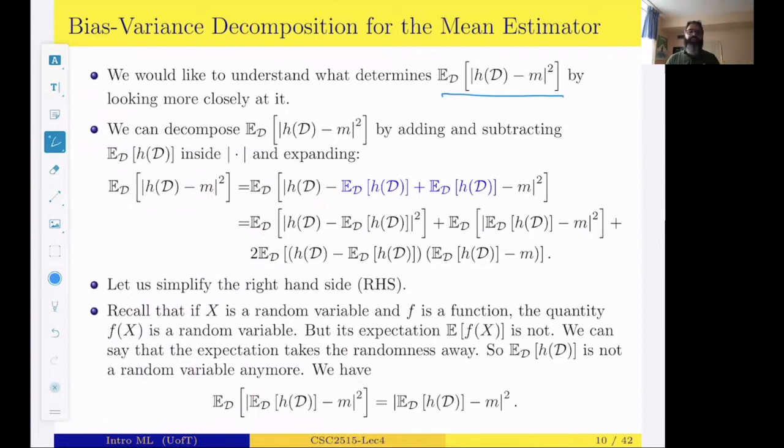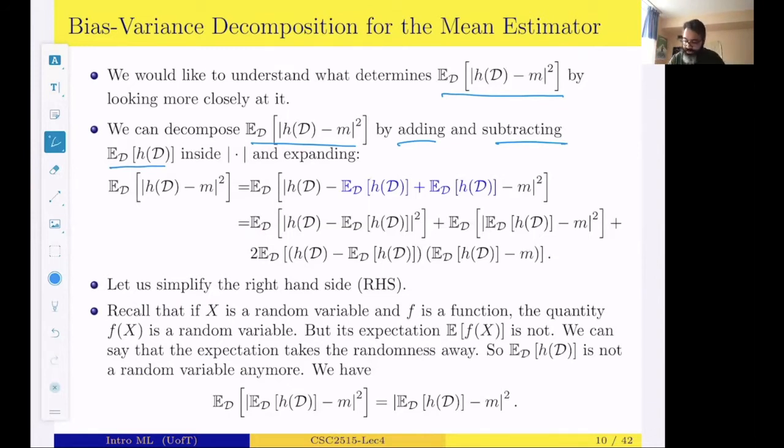By looking at it closely and doing some mathematical manipulation, we decompose this term by adding and subtracting the expectation of h of D inside the squared term, and then expanding it.